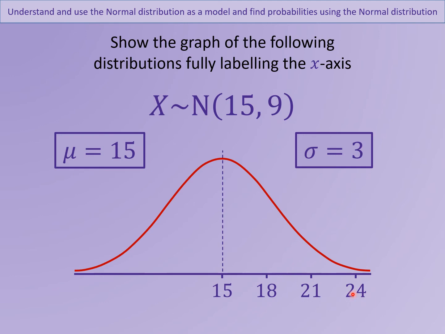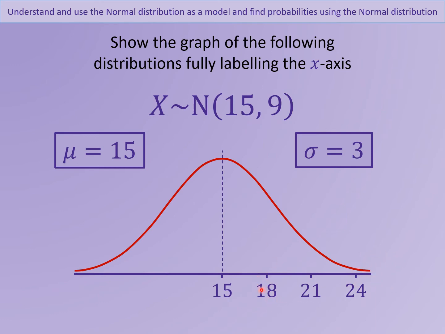It's highly unlikely, if you had an average of 15 and a variance of 9, that you would get a result that was bigger than 24. So let's put it into context. If this was the weight of some type of creature, and it was 15 grams, and you went out into a field and started weighing all these different creatures, it's very, very unlikely that you would get any creature that weighs more than 24.